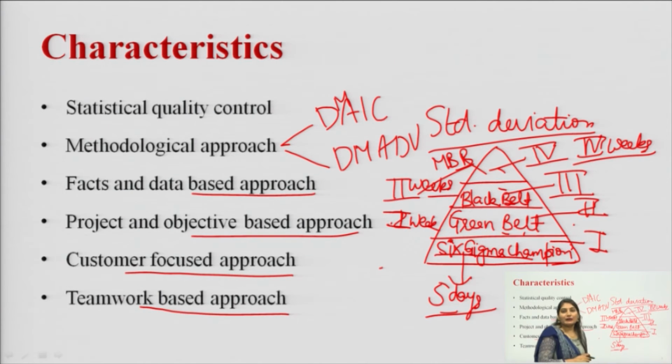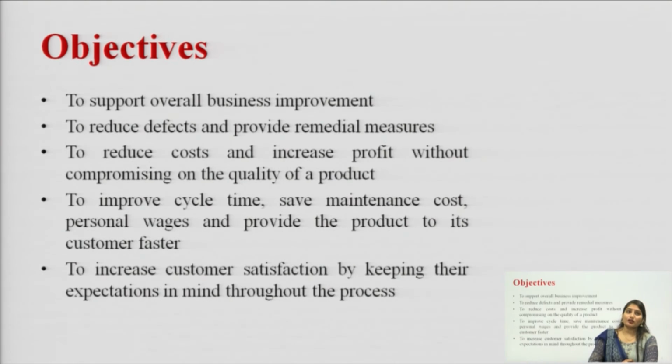Level 3, that is black belt, are provided with 2 weeks training, and these are the project leaders who are leading the project. Level 4 is master black belt, and training of 4 weeks is provided to the level 4 employees. So, these are all the characteristics of the Six Sigma concept.